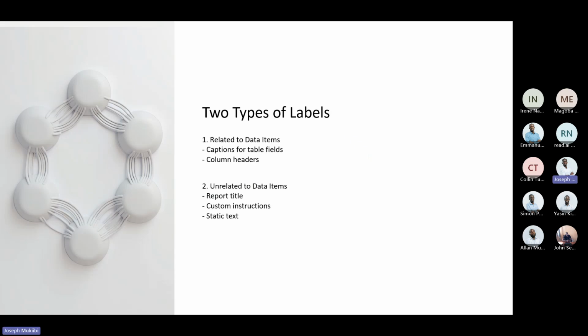We have those related to the data item, which can be captions for table fields or column headers, and those unrelated to the data item, which can be the report title, the statistical text, and then also custom instructions. So maybe you want to put a default table, like I've done for performance appraisal, where you put the scores and the grading.